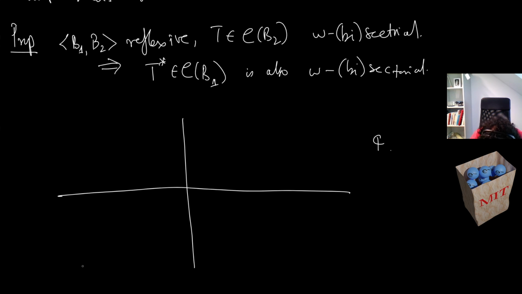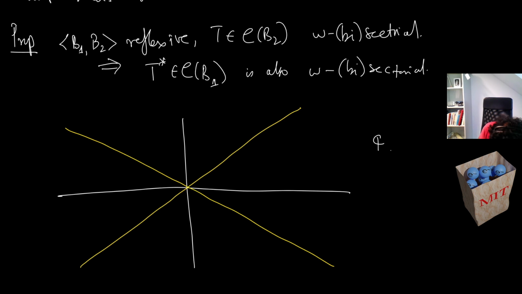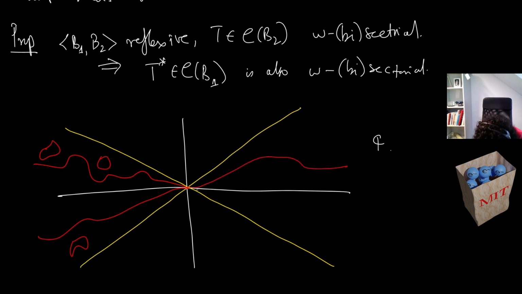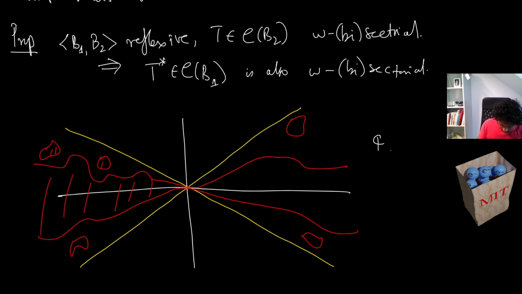So this is an open bisector, and the spectrum of this operator could be, I don't know, maybe there's some isolated blobs. Right, so this is the spectrum of T.